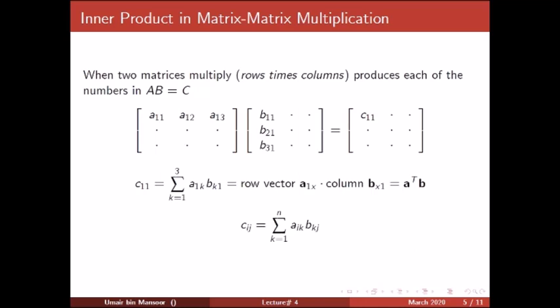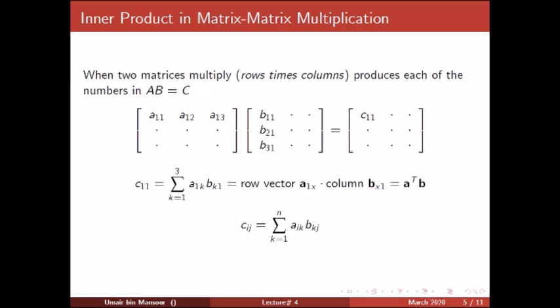There are two ways you can find the matrix C by multiplying matrix A and B. The first way is to multiply the rows of A with the columns of B. This will give you a single element of matrix C.